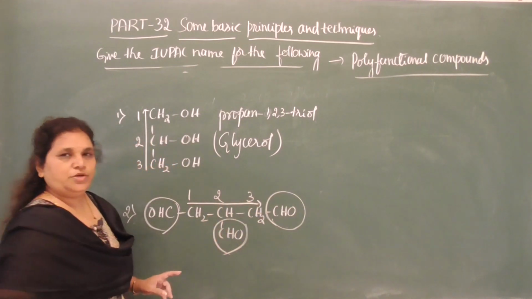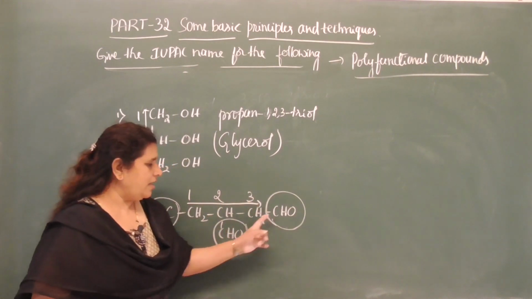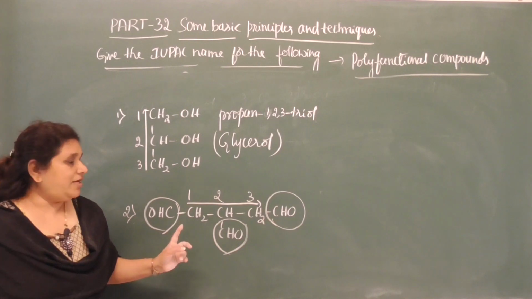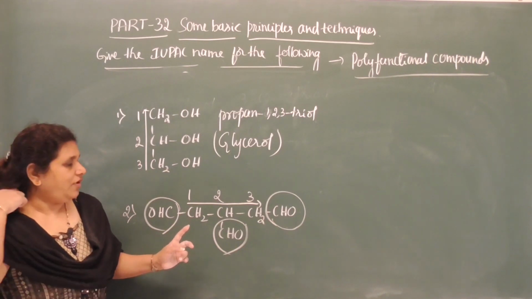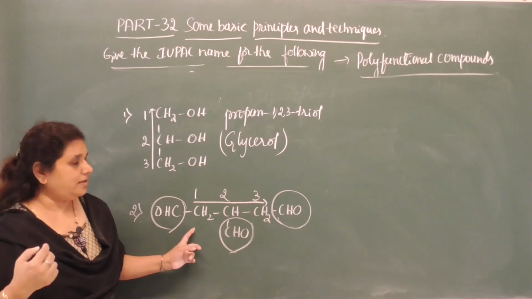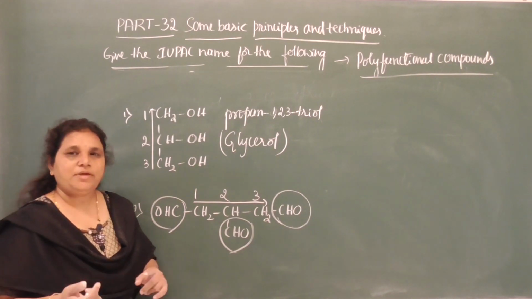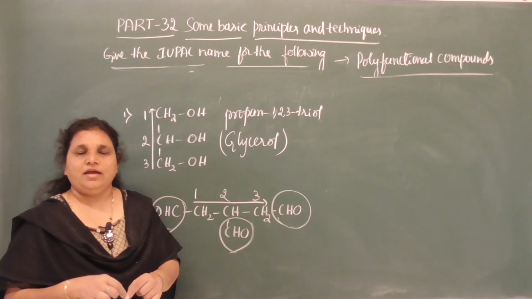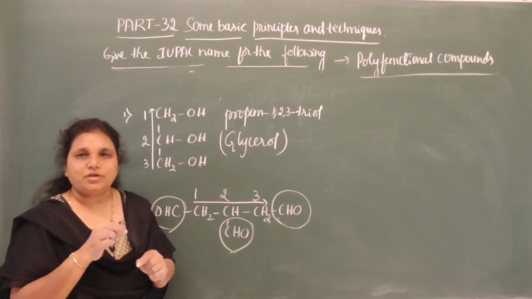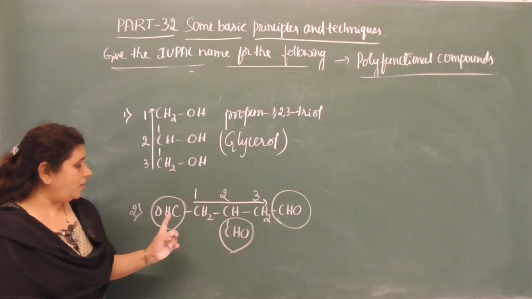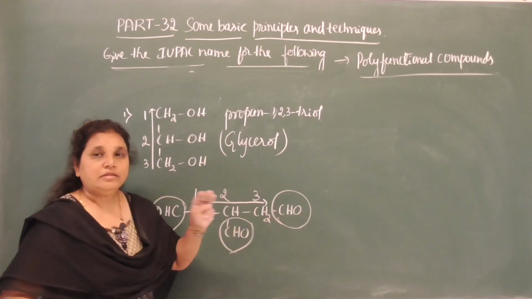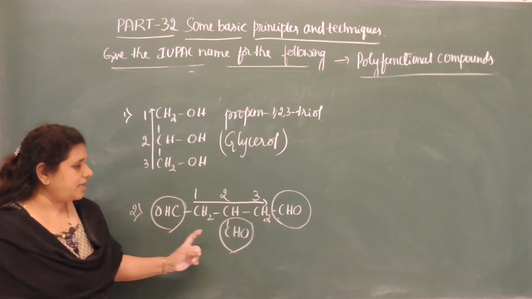And here we need to use a special suffix, that is carbaldehyde, because here we are not considering the carbon atom in the root word. If we use AL, it indicates that we are considering the carbon atom in the root word. So here we have to use carbaldehyde. How many carbaldehydes are there? 3 carbaldehydes are there.